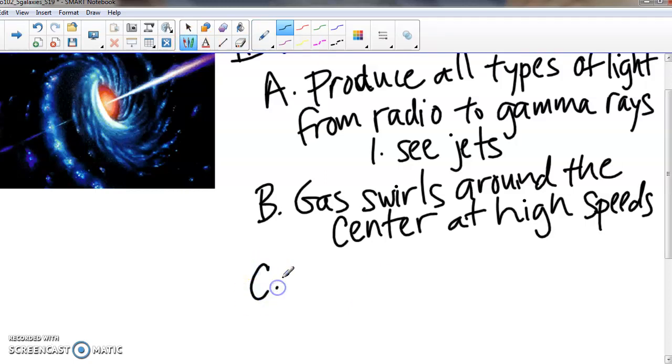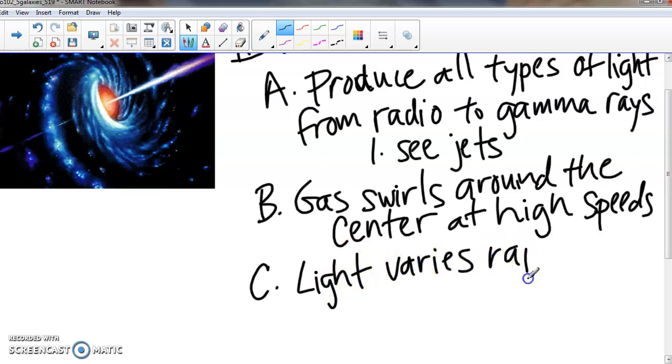We also know a little bit about the size of these things. When we look at them and we see this swirling, we watch the light swirl around, it moves really fast. The light varies very rapidly. Remember we saw this with a pulsar? Those neutron stars that rotated super fast? They pulsed very fast. We see a similar thing here.